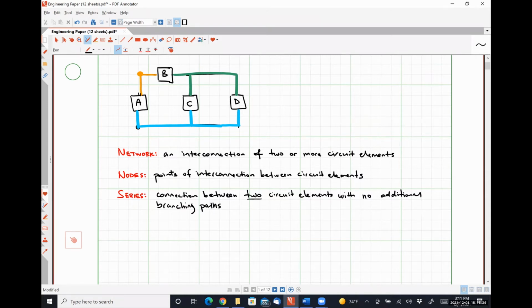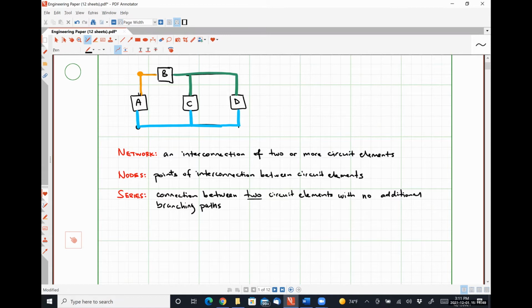So what I mean by no additional branching paths is that if we look at that green node, element B and element C are connected together, but there's a branching path out to element D, which means B and C can't be in series.